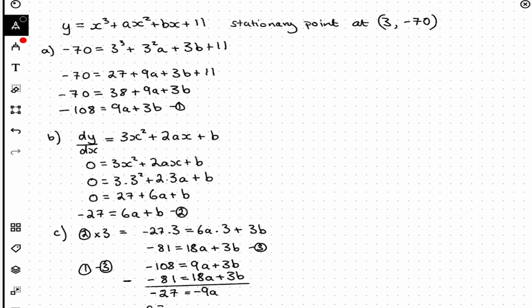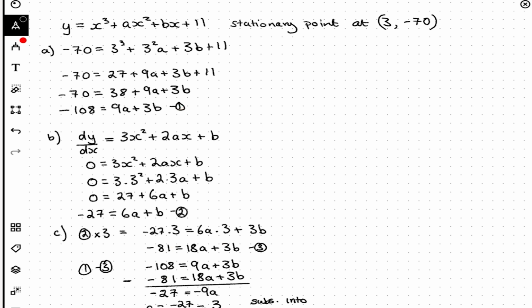a will equal minus 27 over minus 9, which is 3. And that then, if I substitute that into either of these equations, I could substitute it into equation 1, 2 or 3.